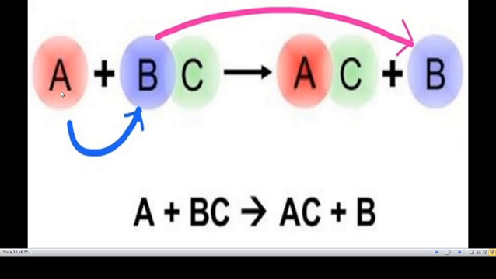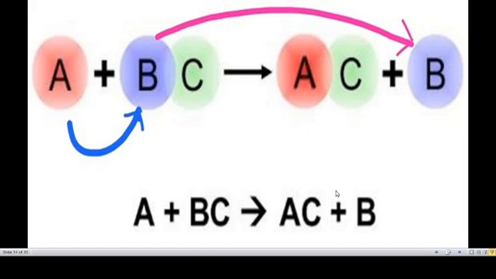Here, A plus BC: A combined with C to form AC, and B is separated. Only one displacement occurs, so this is single displacement.